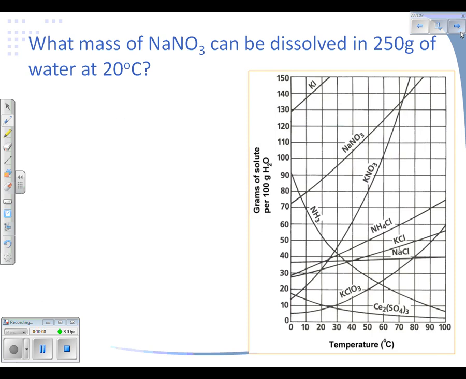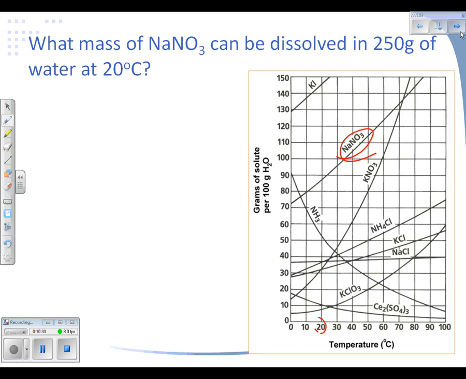So we can also use these graphs in an interesting way. And this question I don't think is on your notes, but this is something that you need to be able to do for your classwork. What mass of sodium nitrate can be dissolved in 250 grams of water at 20 degrees Celsius? Sodium nitrate is the one we were talking about earlier. So that's this one.